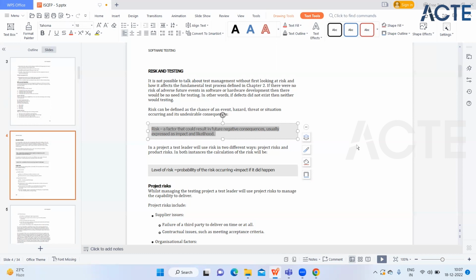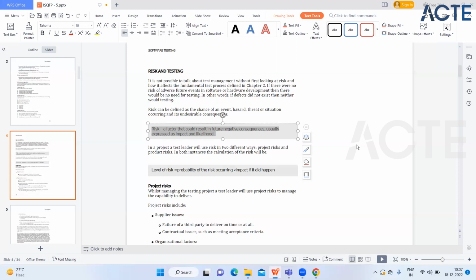You'll get a question like, what is the risk in the test management process, or simply what is risk, and you'll get four options. All four options will look correct, but in terms of ISTQB you have to choose the correct option, which is: risk is a factor that could result in future negative consequences, usually expressed as impact and likelihood.